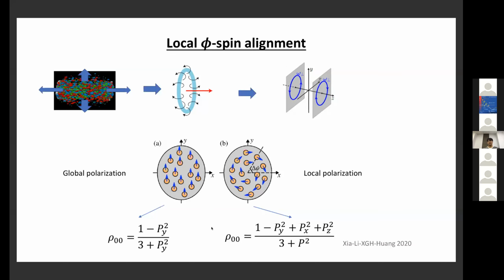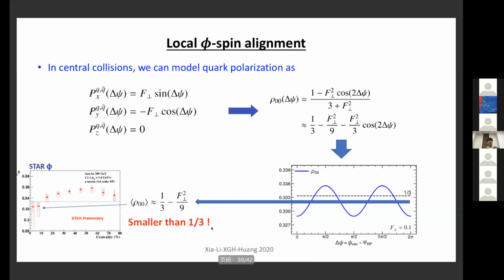So if we consider central collision, where the quarks are polarized due to this ring-type vorticity, we can model its polarization in this way, and then you can find that the rho 0,0 of the vector meson is given by this formula.